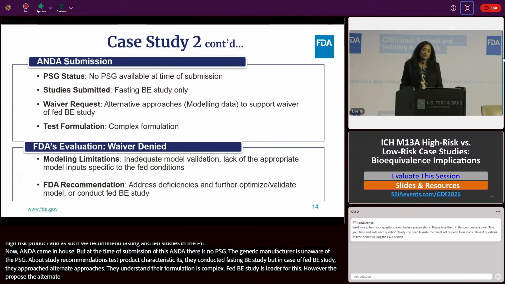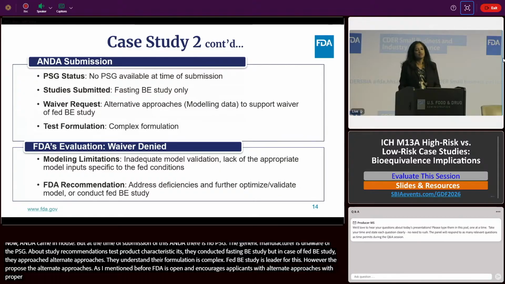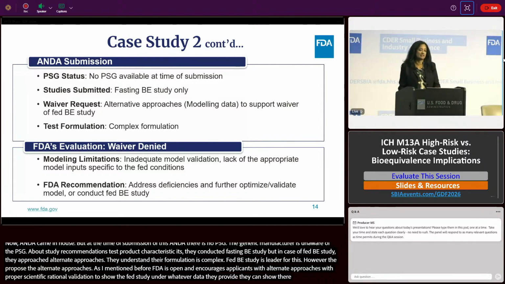So as I mentioned before, FDA is always open and encourages applicants to provide alternate approaches, only with proper scientific rationale and validation to show that, under whatever data they provided, they can actually show that there is no difference between the test and RLD performance in vivo.